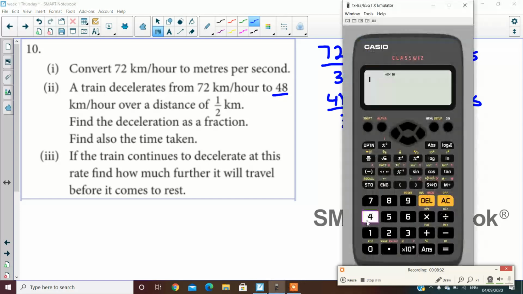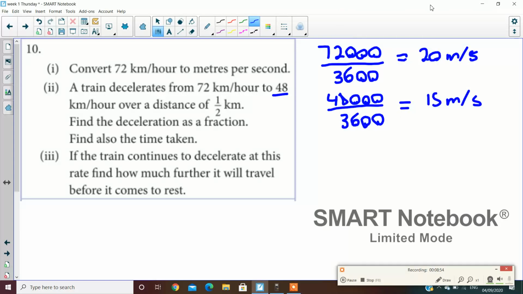Let's be sure to be sure. Oh, maybe I'm wrong. I'm wrong about that one, haven't I? It's 13 and a third. 48,000 divided by 3,600.